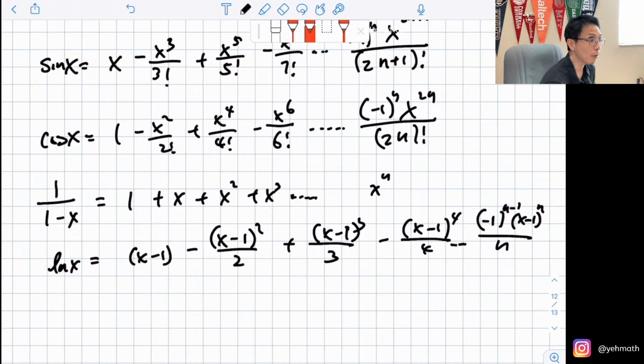So basically all those things can be represented. The graphs of sine of x, cosine of x, 1 over 1 minus x, and natural log of x can be typed the way they are, and it's going to give you a similar graph to what you have.